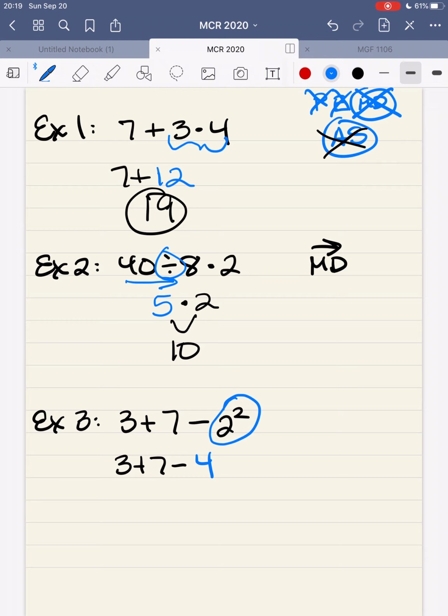No, no multiplication or division. So now I do addition and subtraction from left to right. So I have 3 plus 7, and it's going to give me 10 minus 4. And then 10 minus 4 is going to give me 6. All right. So it's just a point of always constantly going through order of operations.